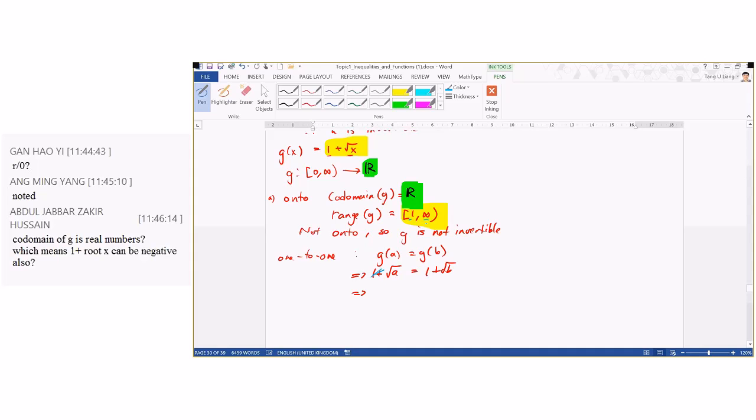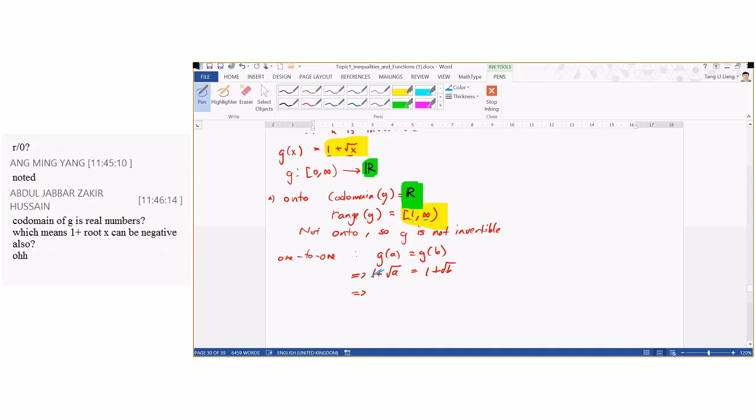I'm just showing this for completeness, actually no need. To answer Harry's question, once you know it's not invertible, you just stop. You don't have to show the rest. So actually A equals B, so yes, this is 1 to 1. It's not onto.